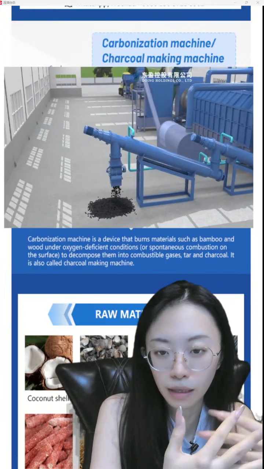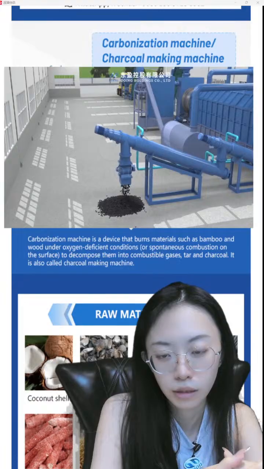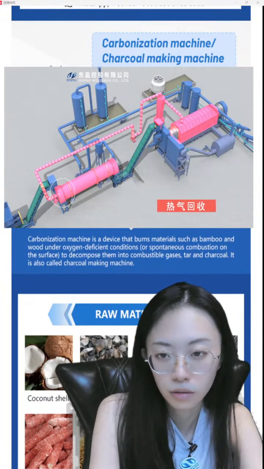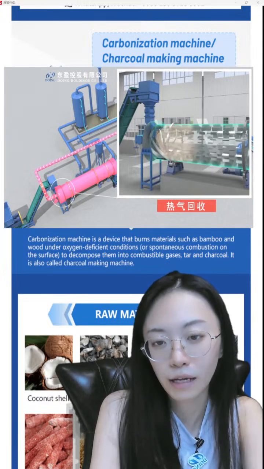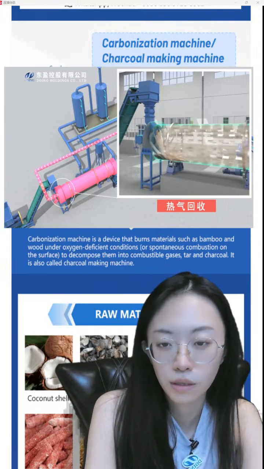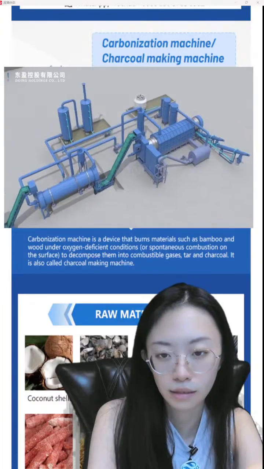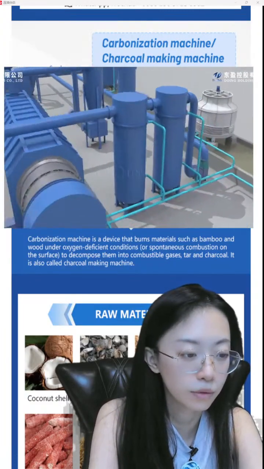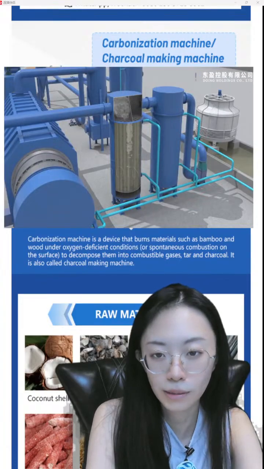Materials can be bamboo, wood, straw dust, rice husk, coconut shell, palm shell, and so on, just this kind of biomass. And we can also process sludge and oil sludge.